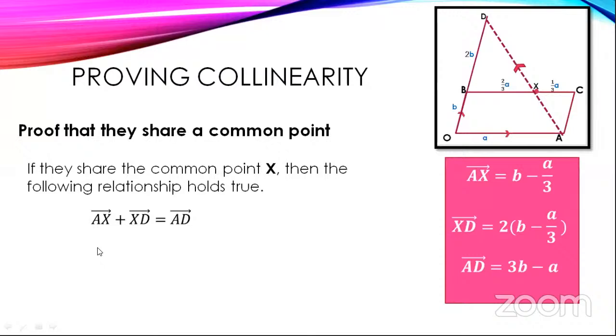Did we have AX earlier? Yes, we worked out AX already. And we also know that AD is equal to 3B take A. So let's combine them now. So we have AX, which is B take A thirds.